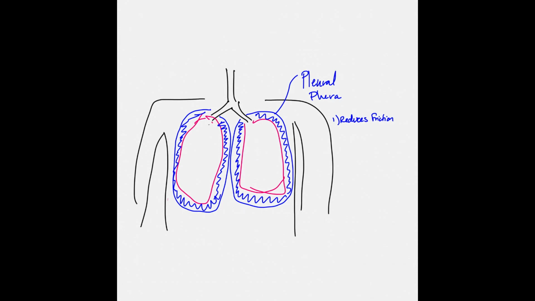Part of that is as the chest cavity is expanding, it's going to pull on this pleural sac. And the fluid in the pleural sac doesn't compress like a gas does. So what that means is that it's going to pull on the lung side of the pleural sac.